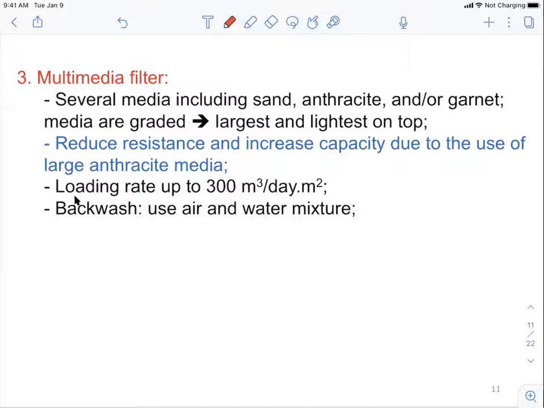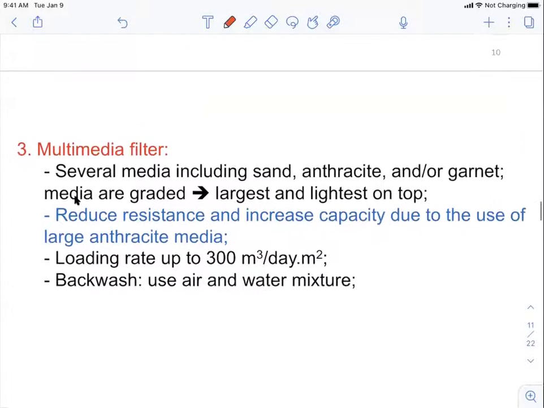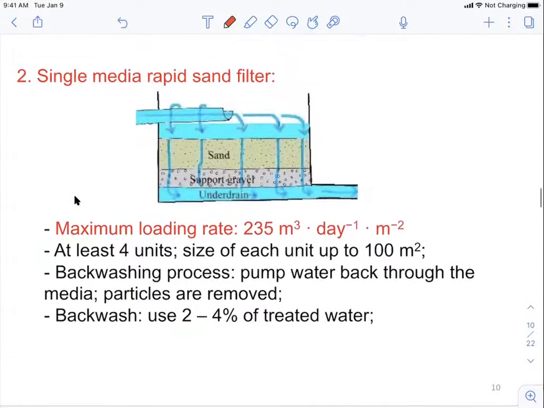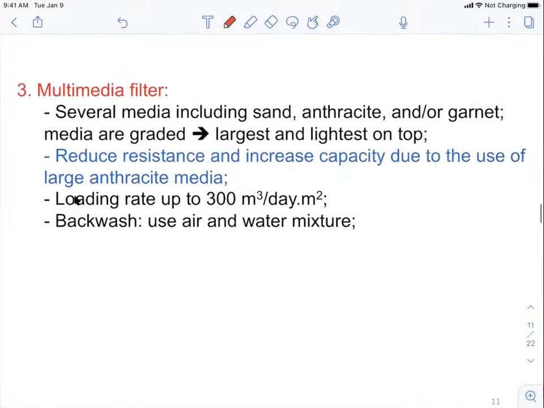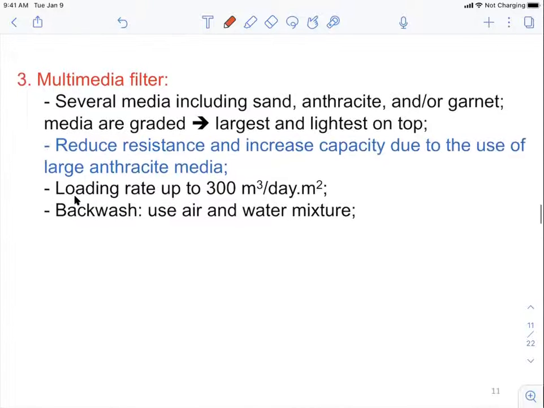Okay, so if you compare, this one can go up to 300 meters cubed per day per meter squared, right? And for the single media, the maximum loading rate is 235. So by using the multimedia, we can have a higher velocity, or basically a higher loading rate for the water filtration.